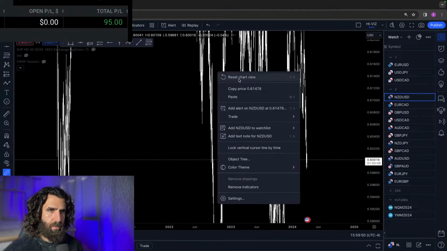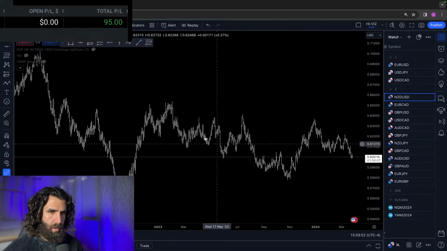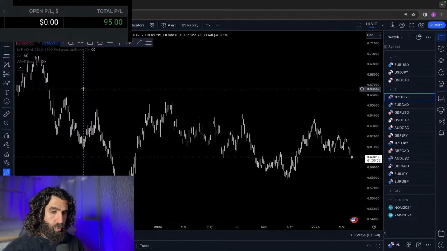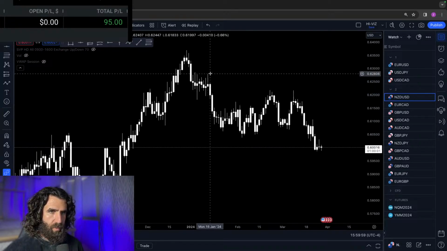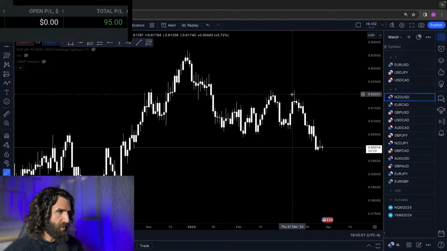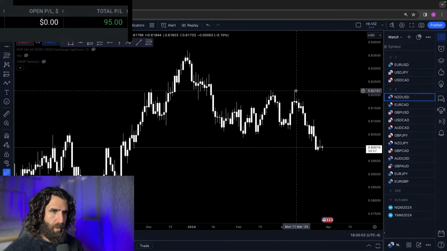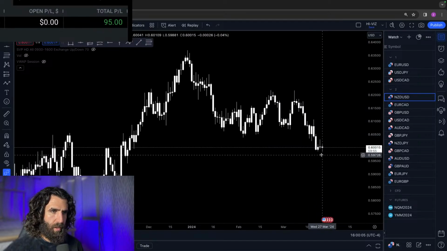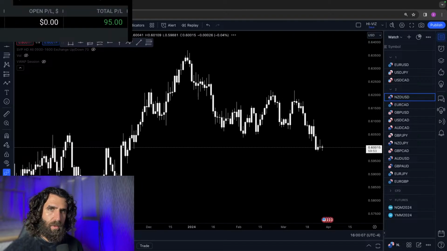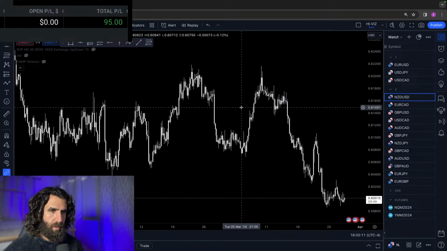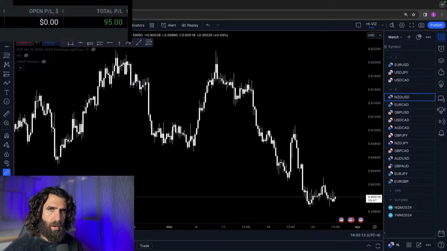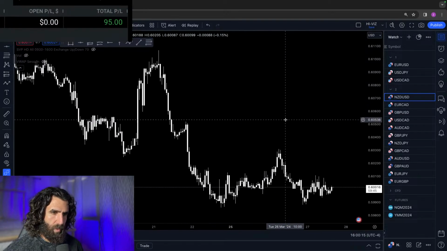Let's look at the daily and do some top-down analysis. If we go really zoomed out, we see another downtrend. As we zoom in from December, we see a downtrend here, with this kind of double top that got put in, and then a continuation down. Drop to the 4 hour. Again, similar view on its way down, and then all the way down to the 1 hour.